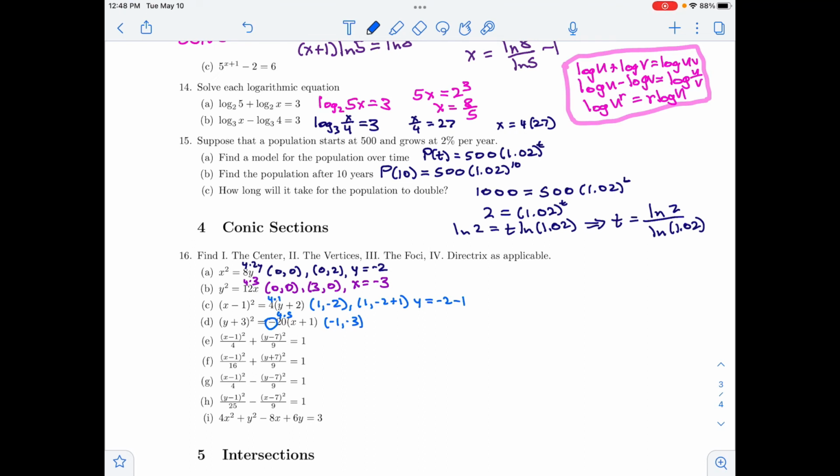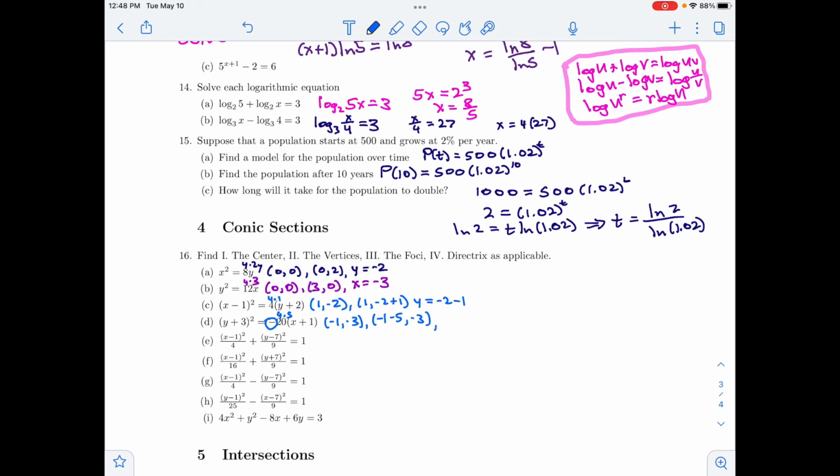Now, we have to be careful because this is opening to the left. So to get to the focus, we're going to move to the left. We've got negative 1, and we're moving to the left 5, and the y hasn't changed.